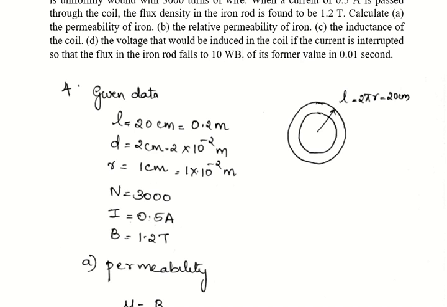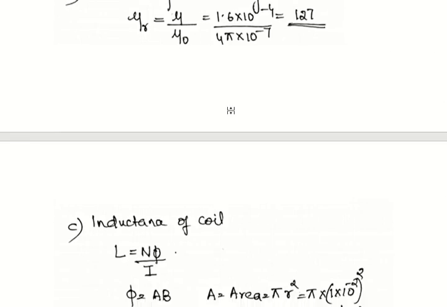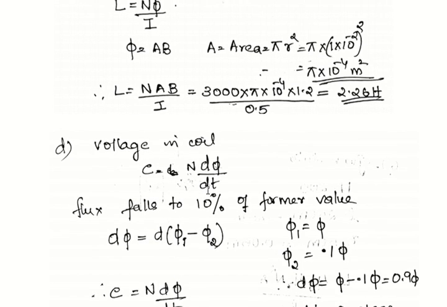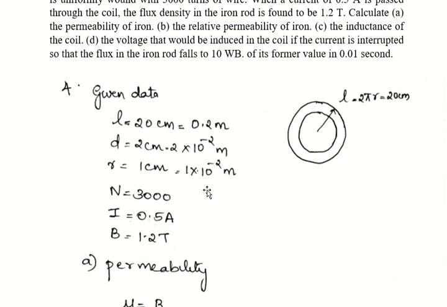The flux in the iron rod, unit is Weber, falls to 10 Weber of its former value in 0.01 second. So the equation for EMF induced is E equal to d phi by dt. Correction is 10%. 10% of former value. This is the correct question.